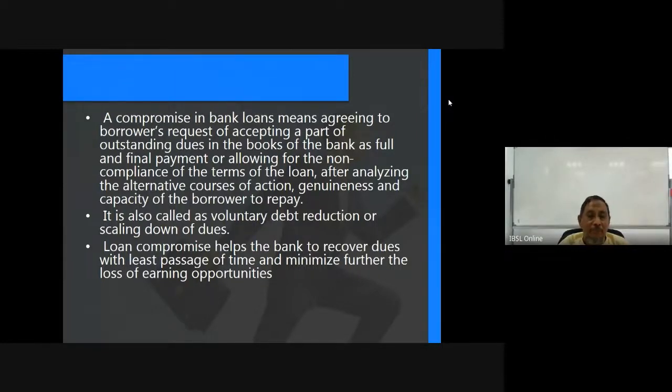Sometimes the loss incurred due to the compromise settlement can be recovered by reinvesting that money today. So do not consider that as a loss. Sometimes the loss may be minimal.